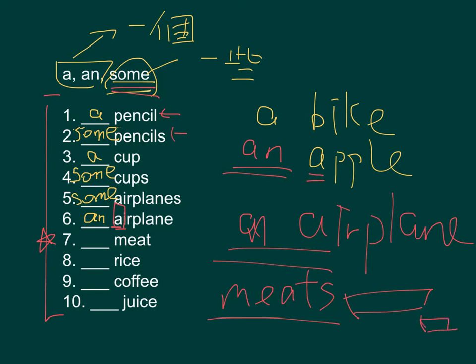So something in irregular size, irregular shape, we treat it as uncountable. So here, we use some meat only. We won't use a or an. Like rice, some rice. Like coffee, because it is liquid, with no regular shape. Like water, then you use some coffee. Juice also, some juice. Okay?